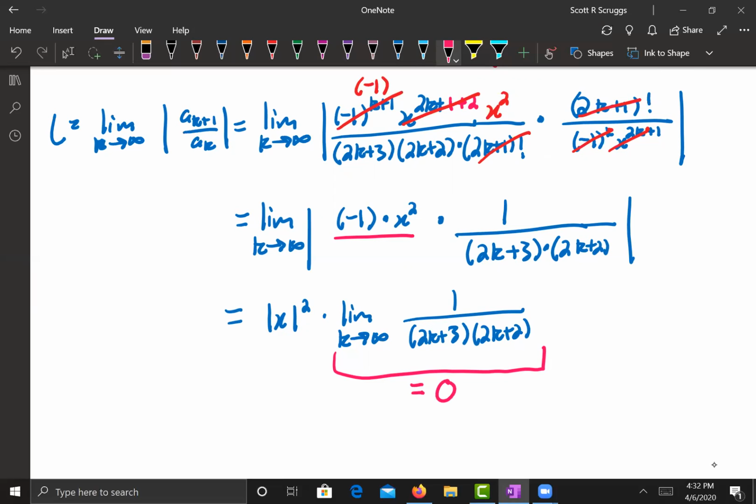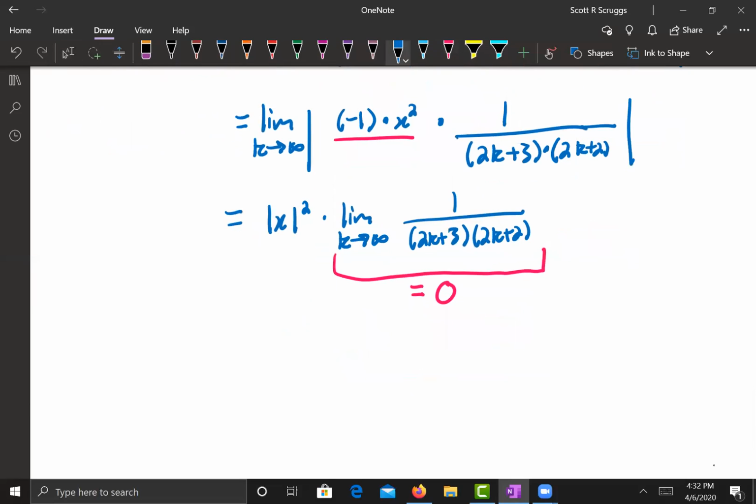Because I have a constant in the numerator, and my denominator is getting larger as k goes to infinity, which makes the whole rational function go to 0. Which means my L is 0. And as I recall from way back in the day, that's definitely less than 1.